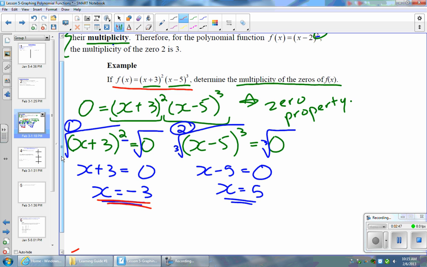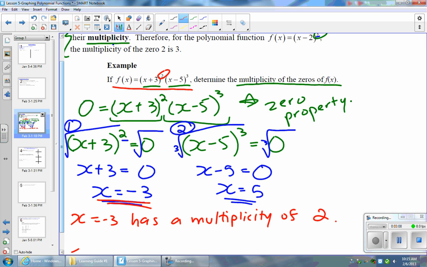So to write that out, x equals negative 3 has a multiplicity of the exponent, which is 2. So the factor x plus 3 is repeated twice, therefore the multiplicity is 2.